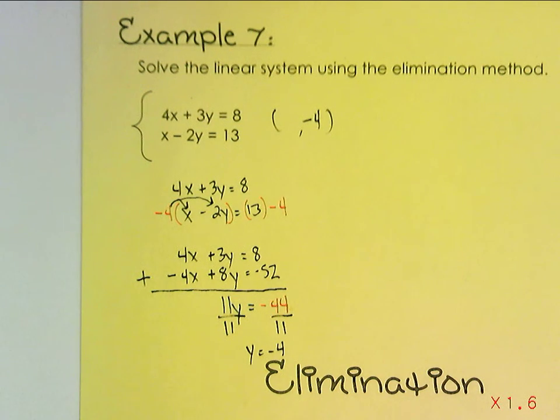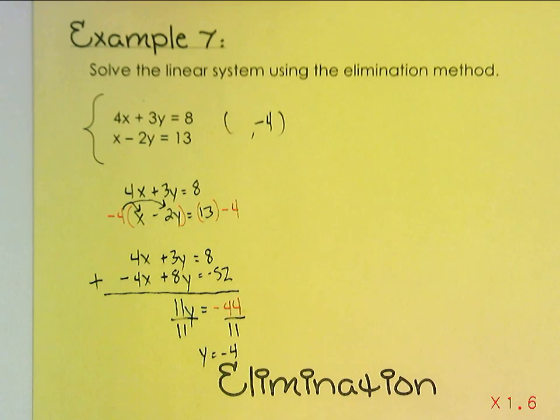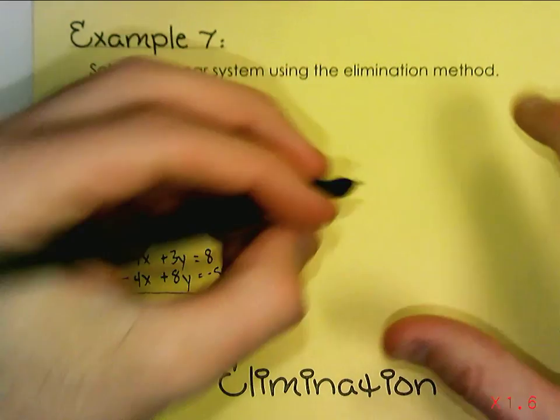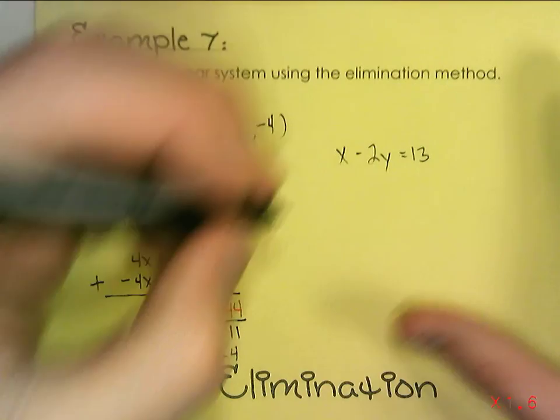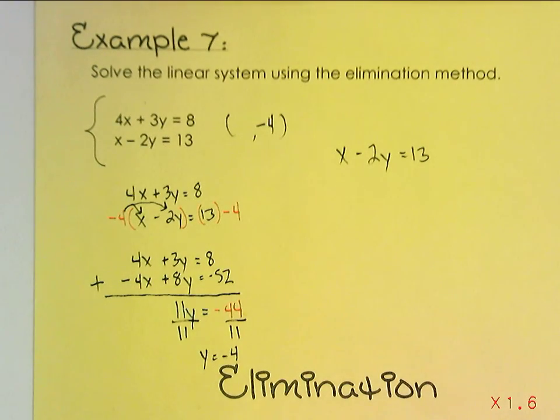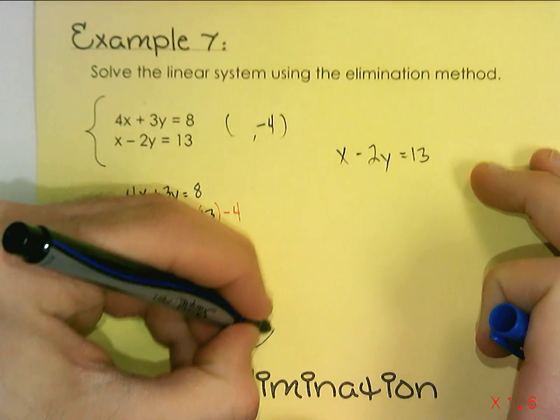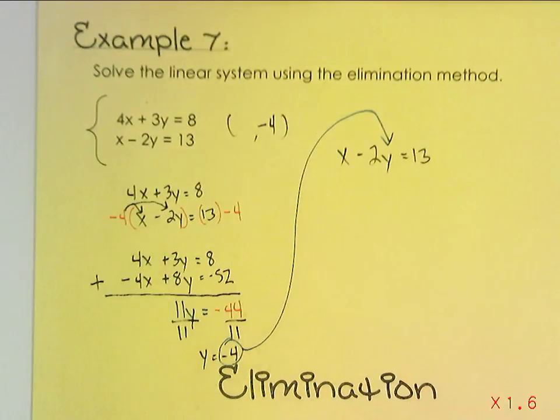Let's substitute this back into one of these equations. Since we haven't ever used the second one, I'm going to use that, because it looks a little bit easier to work with. So x minus 2y equals 13. So let's take that negative 4 that we got down here, substitute that in for y, and we can solve for x.